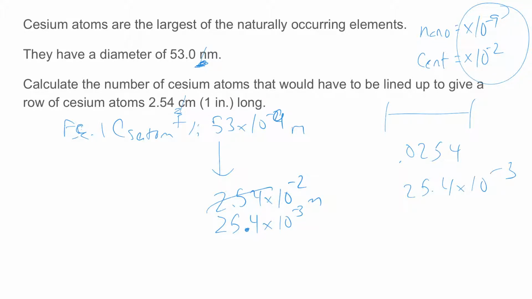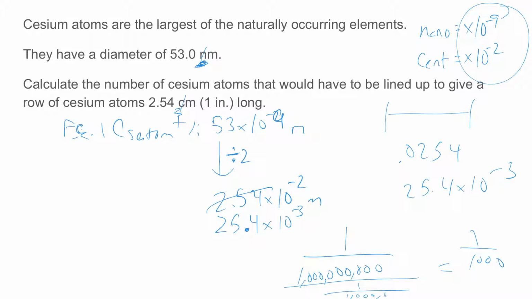So 53 to 25 is divided by 2. But then we've got to gain some zeros. So we're starting off with 1 over 1 billion. And then what would we have to divide that by to get 1 over 1,000? Well, we'd have to divide it by 1 over a million.